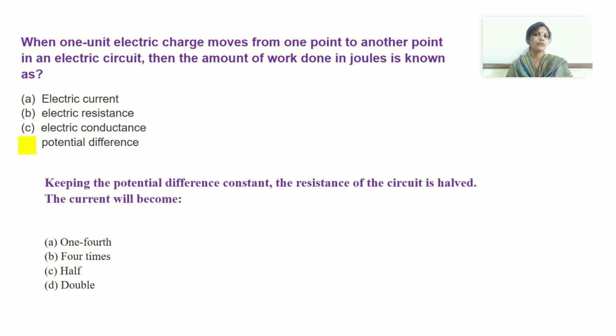Okay, when you reduce the resistance, the current flowing through the circuit is more. But how much is that more? Look at this. Now you all are aware of Ohm's law, V is equal to IR. Since we have to find the current, we will convert that into I is equal to V upon R. But they have made the resistance of the circuit half of its original value.